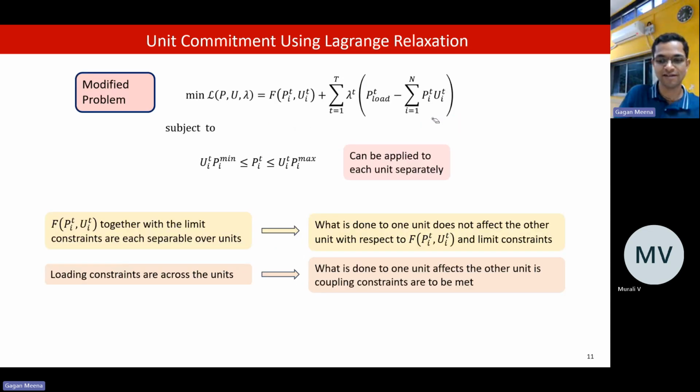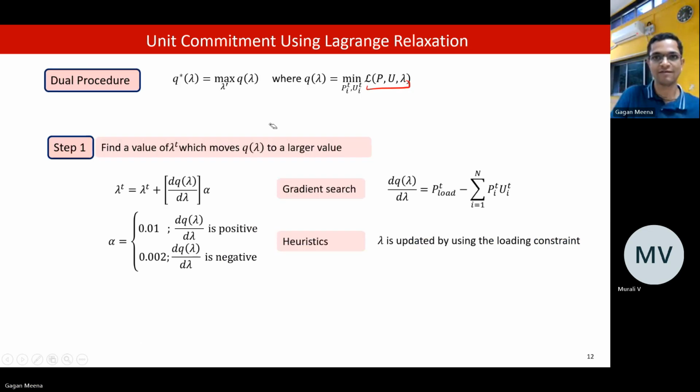First it is minimized with respect to these p and u variables and then maximized over this Lagrange multiplier. This is the dual form. The primal form will be opposite. The dual form is max min, max with respect to lambda, and the primal is min max.